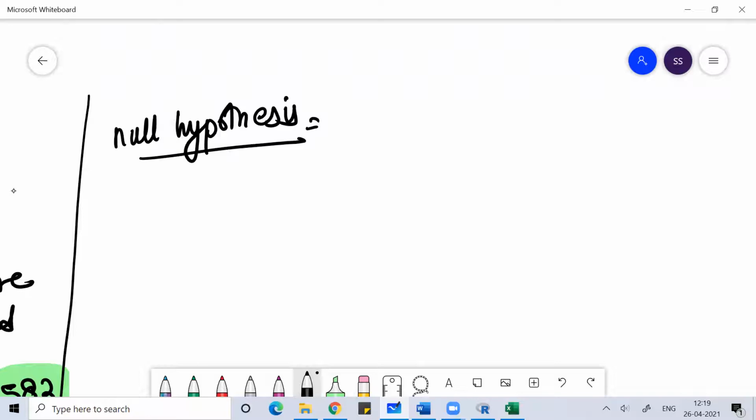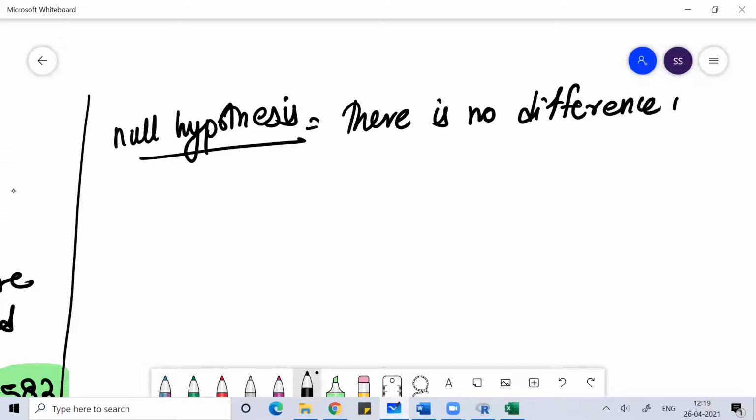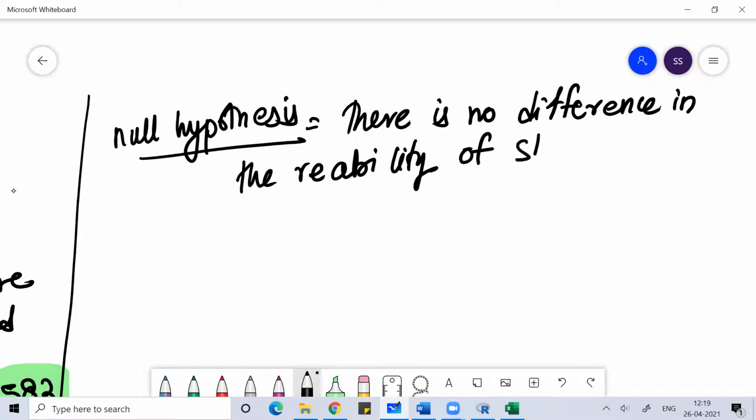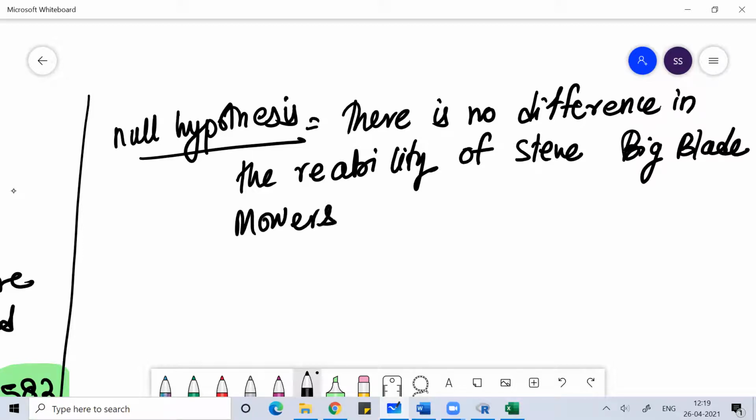In the null hypothesis, I'll write that there is no difference in the reliability of Steve's Big Blade mowers with those sold nationwide.